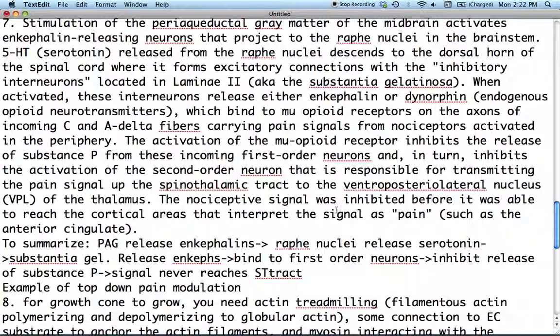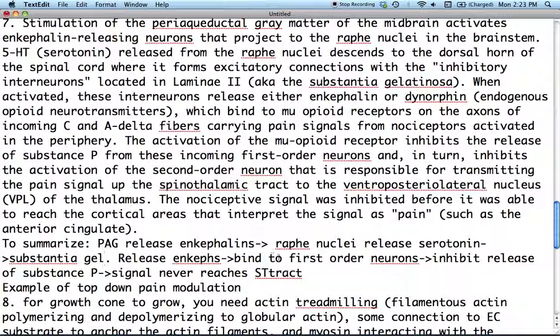So we've got enkephalins causing serotonin release in the raphe nuclei, but the raphe nuclei axons are projecting to, or there might be some intermediate connection, I'm not exactly sure, but basically this hits the substantia gelatinosa. This gray matter is found in the posterior horns of the spinal cord.